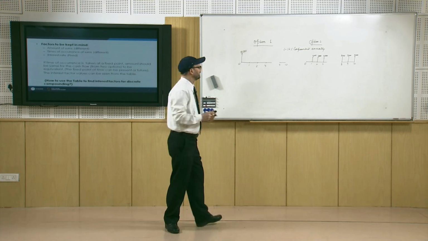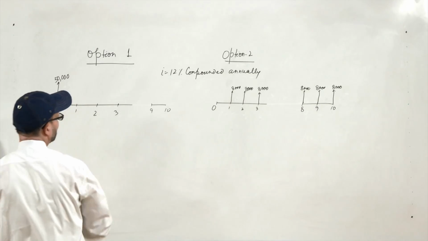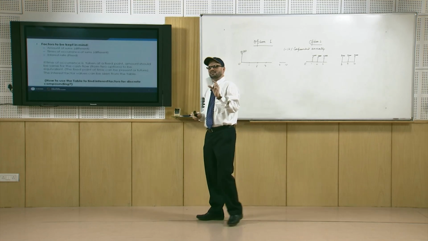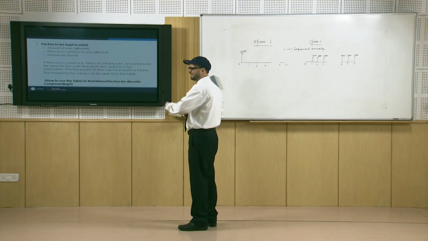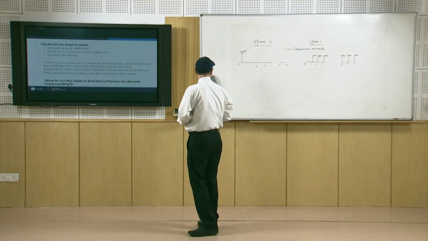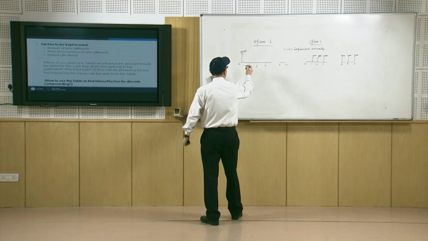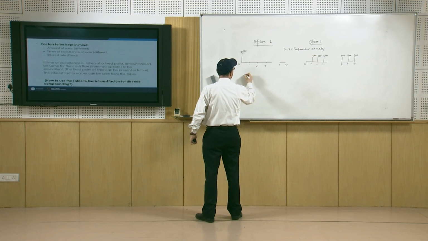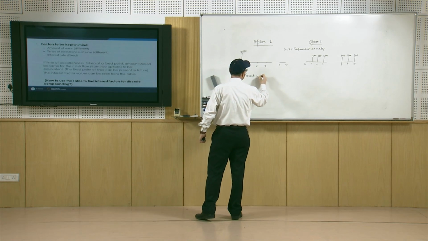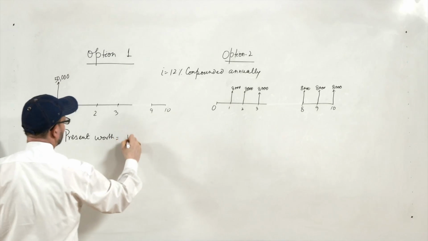You can have the equivalent value at this point, or at this point, and then you can compare. Now, it is better to compare using the present worth calculation. So, anyway, in this case what we see is that the present worth is rupees 50,000.